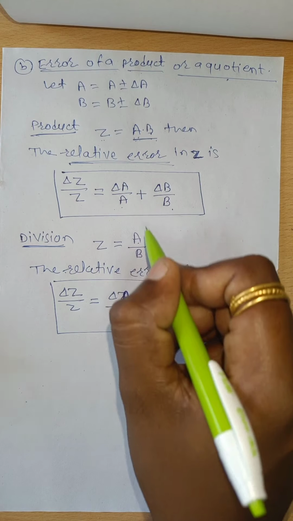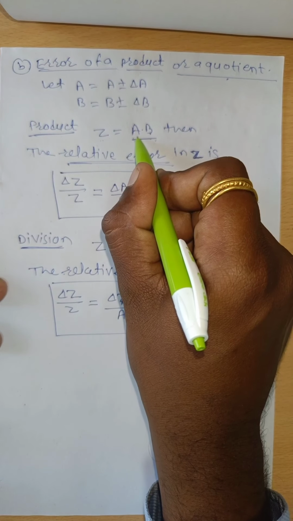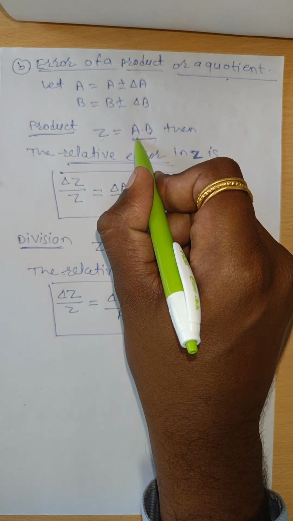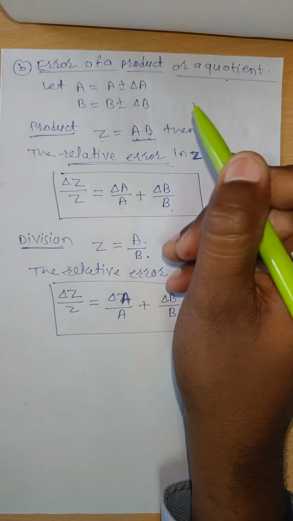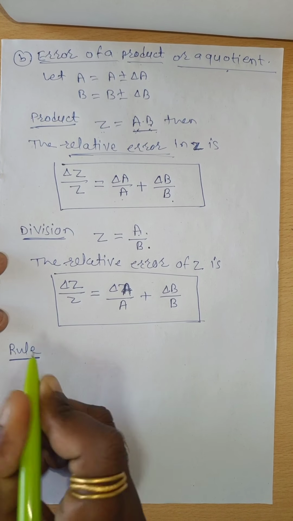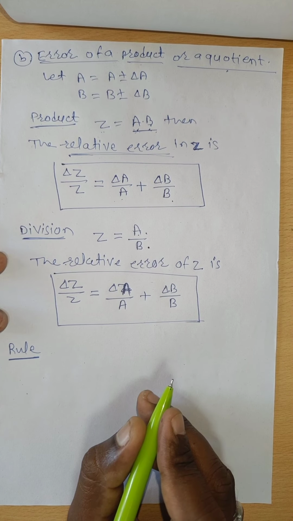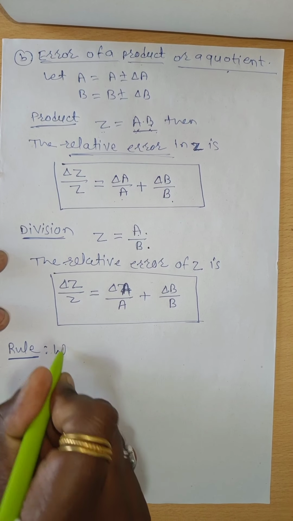Multipliers means the numerator is one multiplier and the denominator is one multiplier. In the case of a product, the first quantity is one multiplier and the second quantity is another multiplier.